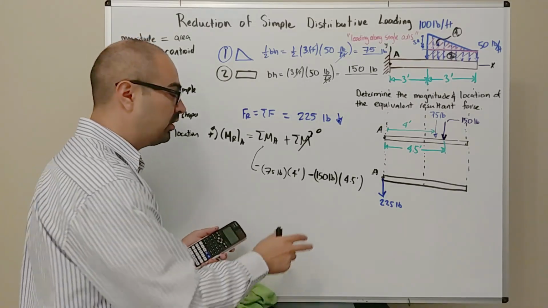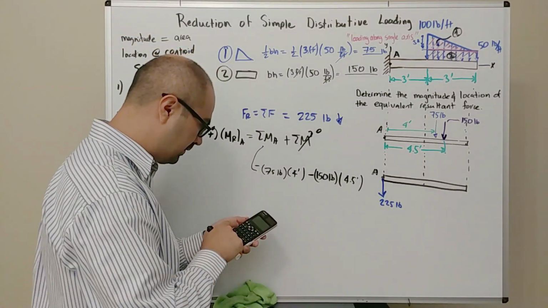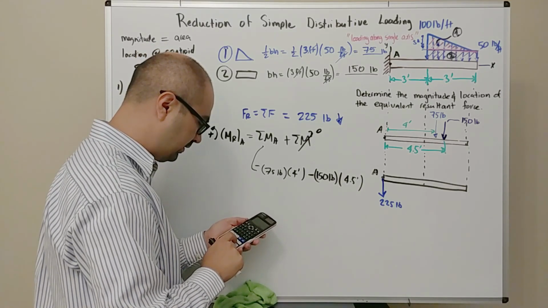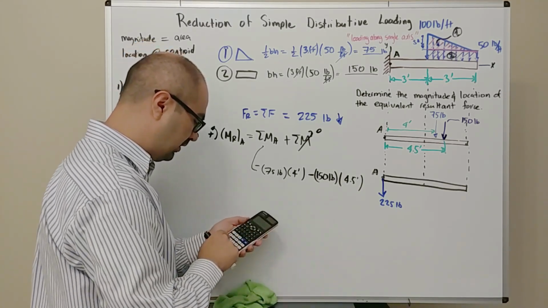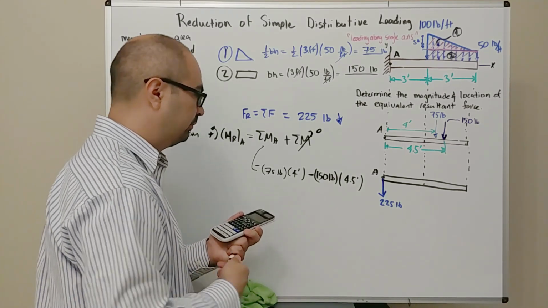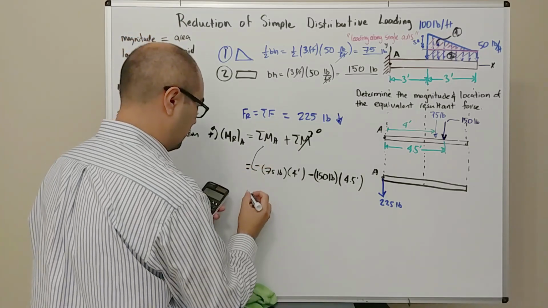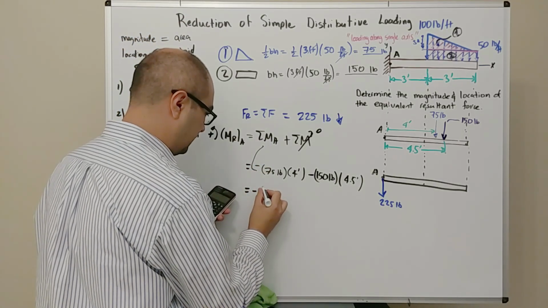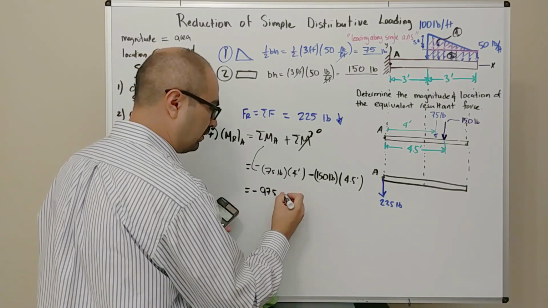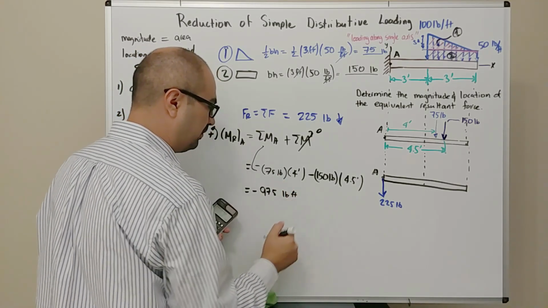So we're going to type in the calculator minus 75 times 4 minus 150 times 4.5. And this gives minus 975. What are the units? Pound-feet.